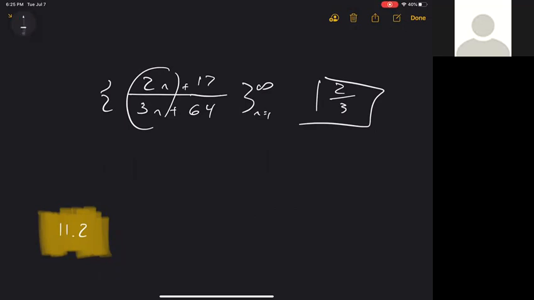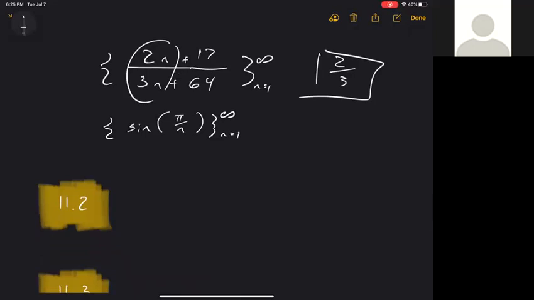The idea is that if I have a sequence that looks like a function of n, let's say sine of pi over n, and I want to find the limit of this sequence, remember that if I have a continuous function, since sine is continuous, I can take that limit inside the function.